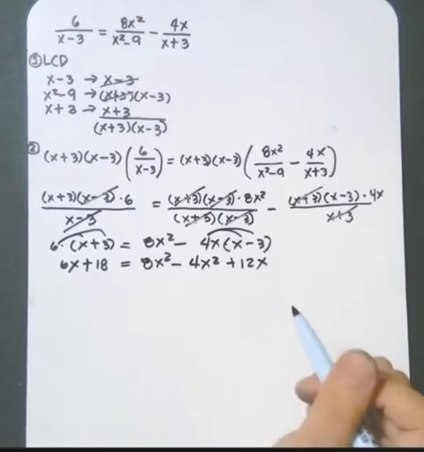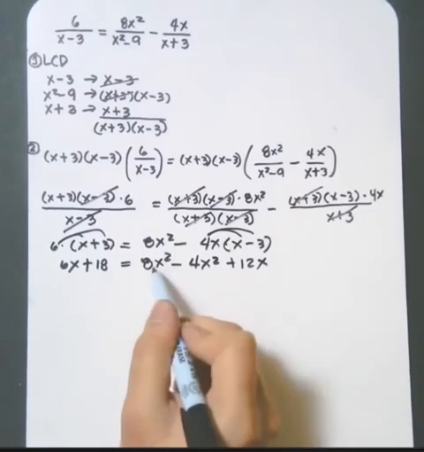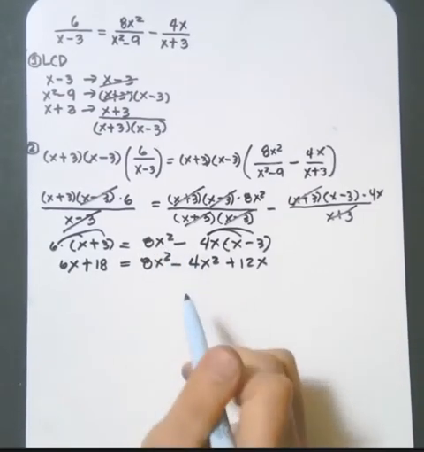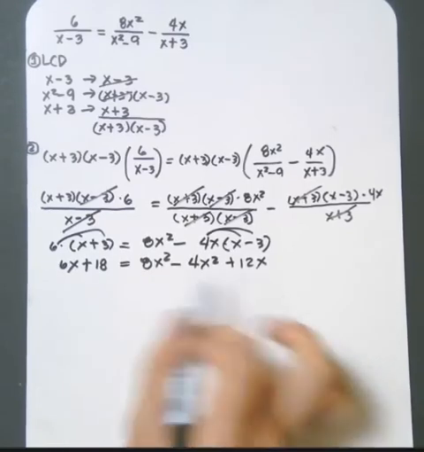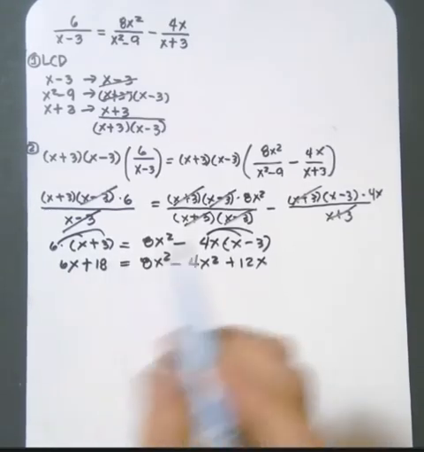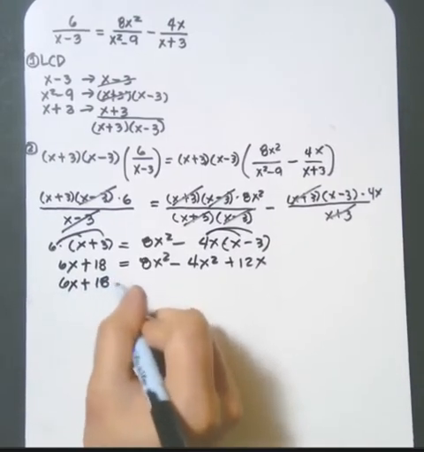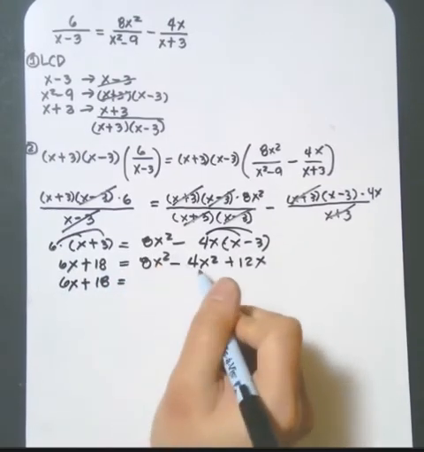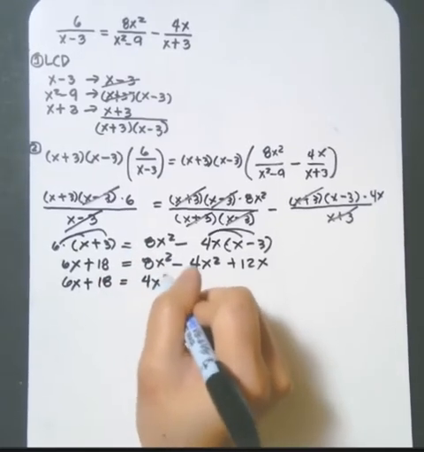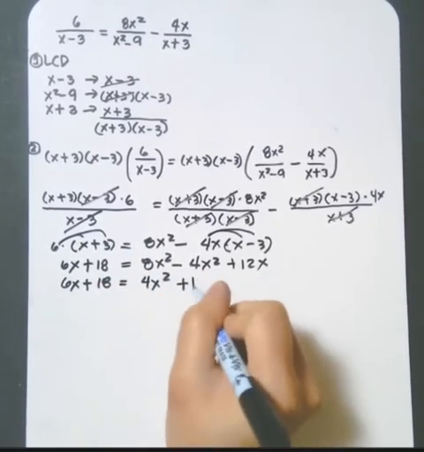Now let's combine like terms if there are any. We do have 8x squared and negative 4x squared as like terms, and 6x and 12x. So let's write 6x plus 18 equals 8x squared minus 4x squared, which is 4x squared, plus 12x.